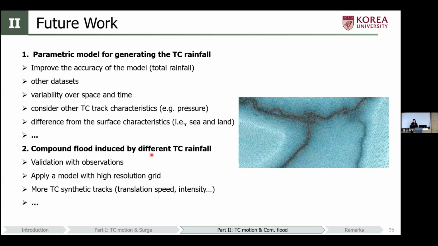In the future work, we need to consider the validation of our TCR model more, like the cumulative rainfall, and we also need to reduce our overestimation. And second, we need to validate our compound flood model using a higher resolution domain.